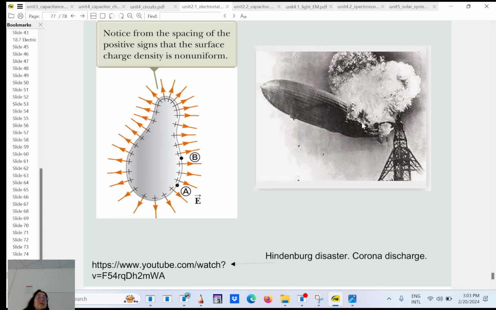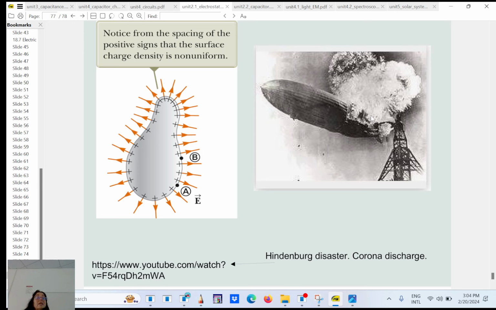So if this is plus, all the minus from the ground is going to rush over there. You're going to have an electric field between plus and minus. And this electric field is going to be so strong because it's pointy here. You have a point here. So strong that you're going to have a breakdown. The air is going to be ionized. Electricity is going to flow. And of course, it's going to catch fire.